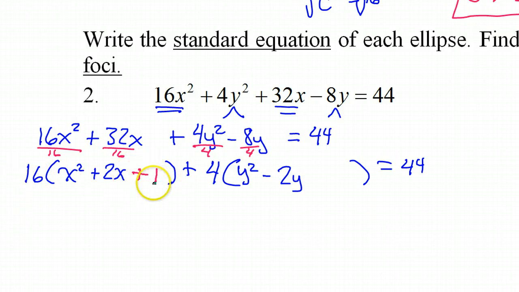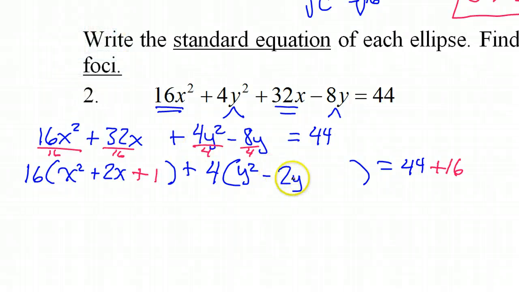Because of that, adding 1 right here doesn't really have a value of 1. It's really 16 times 1 if you were to do the distributive property. So I'm not really adding a 1. 16 times 1 is 16. So by putting a 1 here, I'm really adding 16. So to balance that out, I need to add 16 to the other side.